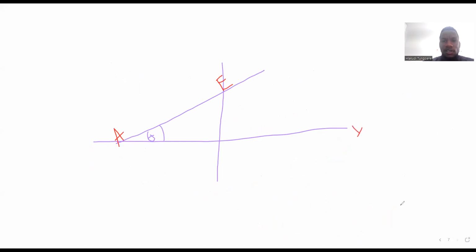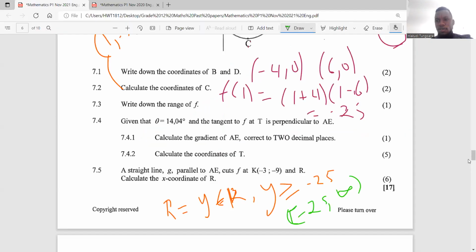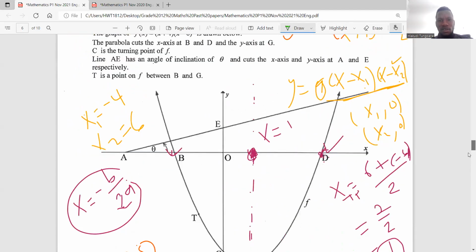So let's just say this is the X-axis and then the Y-axis. Okay, so you were given that function there. Okay, cool.